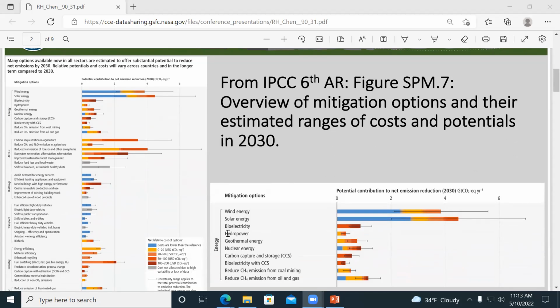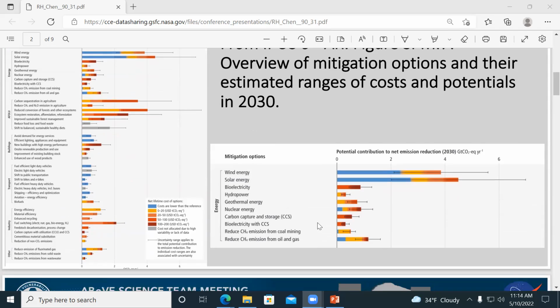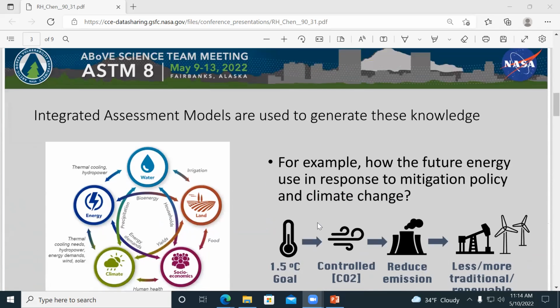It's adapted from the recent IPCC AR6 report. It shows some mitigation strategies for future climate change and the estimated costs and potentials in 2030. If we zoom in, we definitely see energy is on top of this chart. The energy market plays a big role in our future climate mitigation policies.